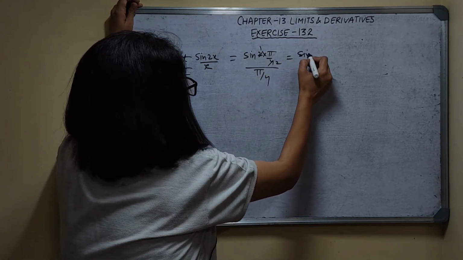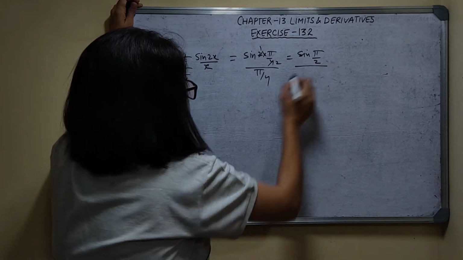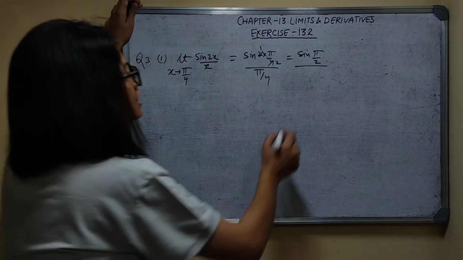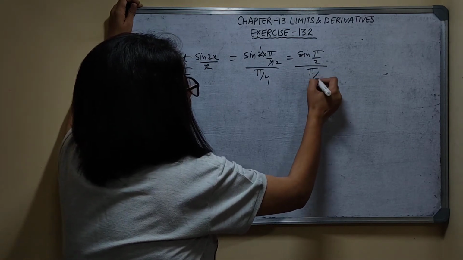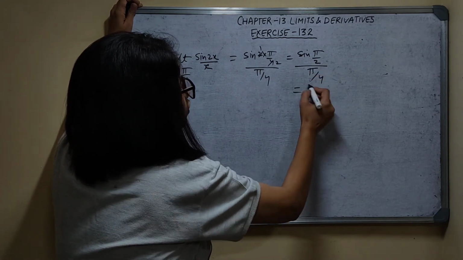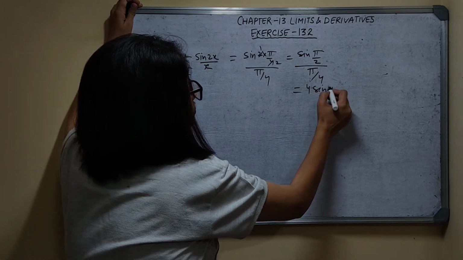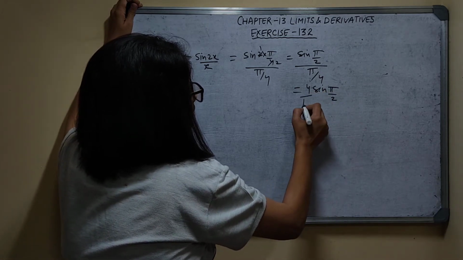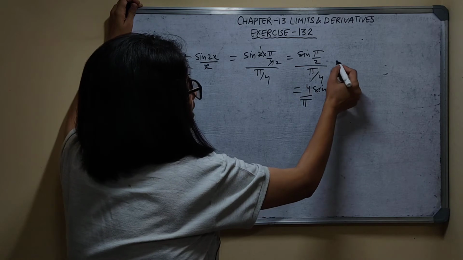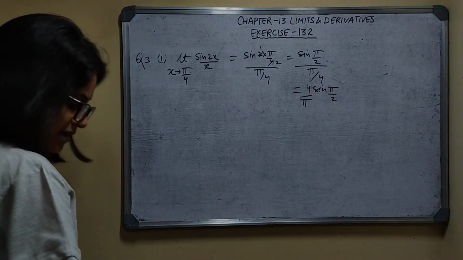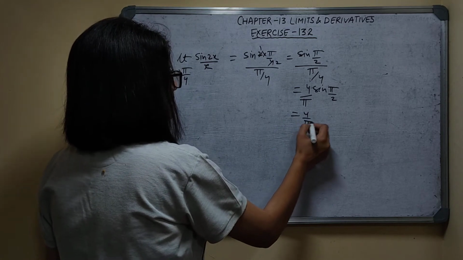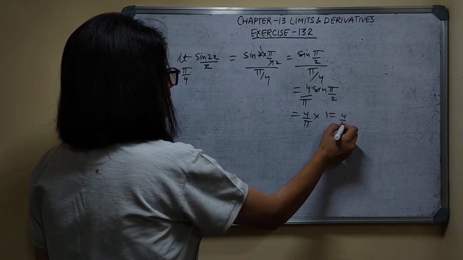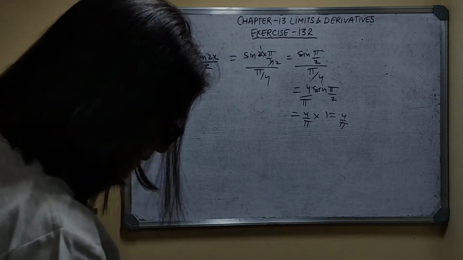So sin pi by 2 upon pi by 4. This pi by 4 I can write what? Pi upon 4. So this 4 will go up. So 4 upon pi sin pi by 2. Now sin pi by 2, that is what? 1. So 4 by pi into 1. So answer is 4 by pi.